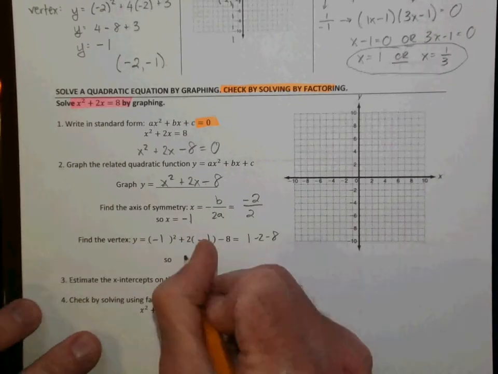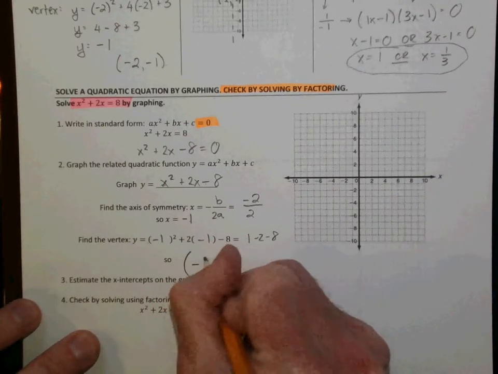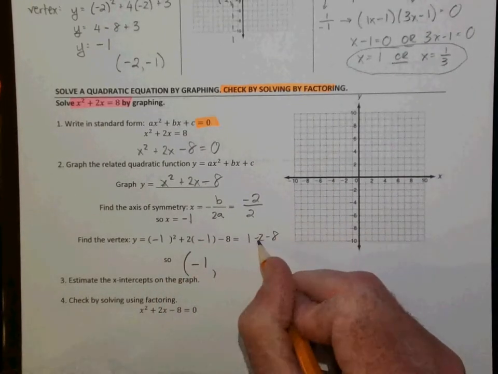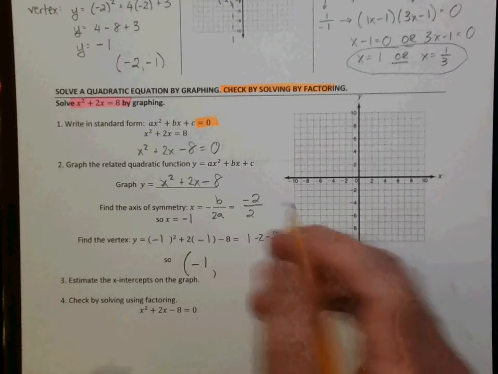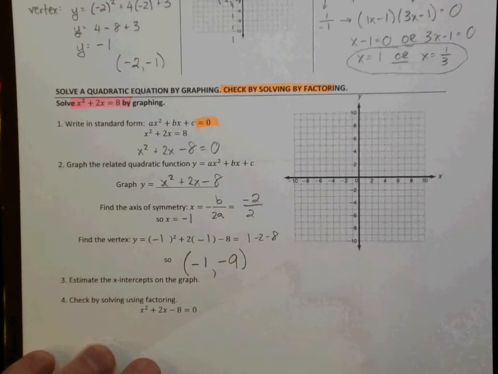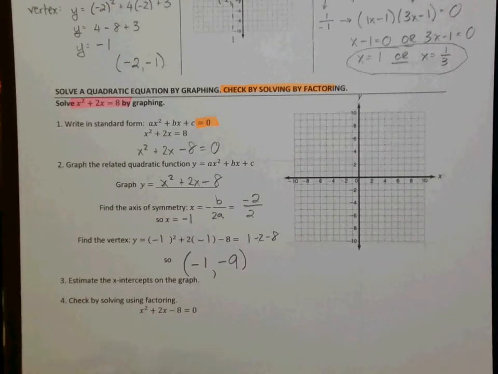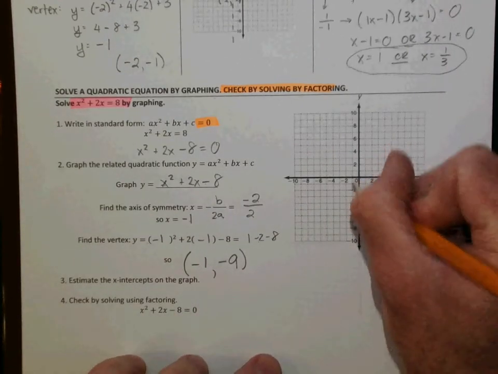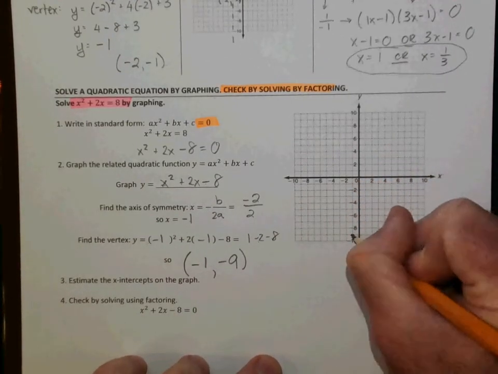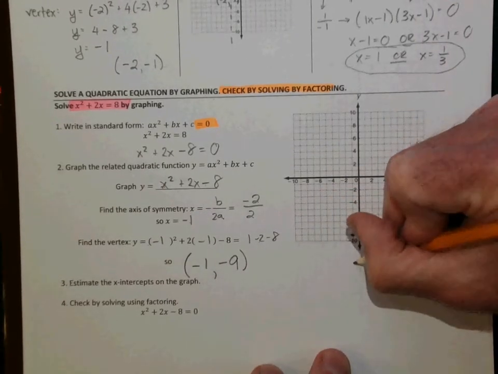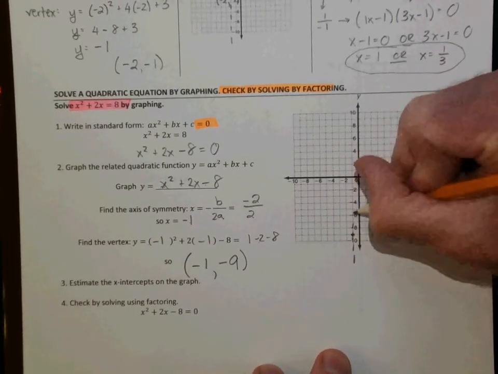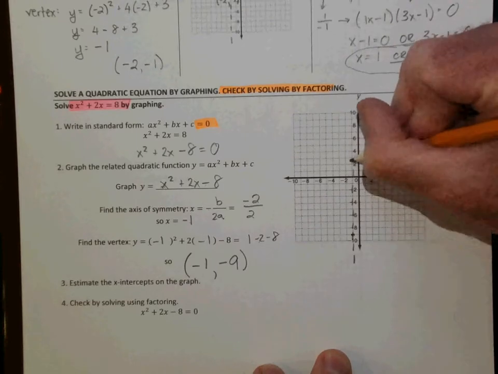So that's going to give me the vertex of negative 1 comma, 1 minus 2 is going to be negative 1, minus 8 is negative 9. So I'm going to plot that. Negative 1, negative 9. It's right there. I'm also going to plot the axis of symmetry as a dashed vertical line.